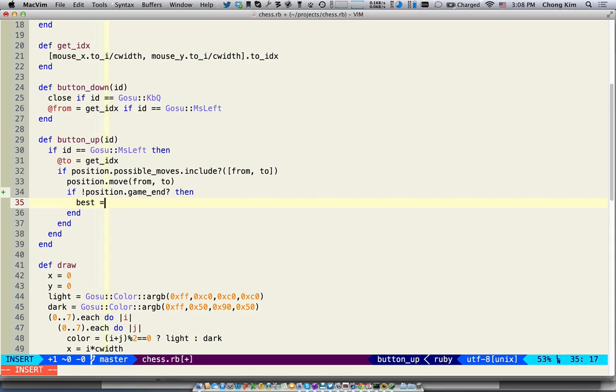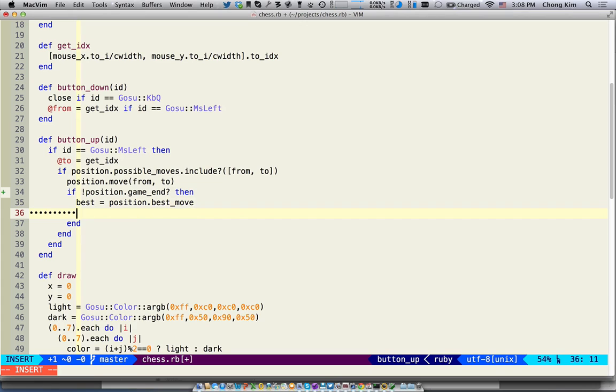So the best move is going to be whatever happens to be the best move at the time, and position is position dot move of the best. And I'm putting a star in here because this will return a list.